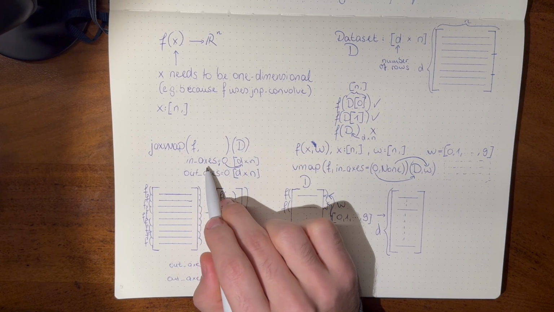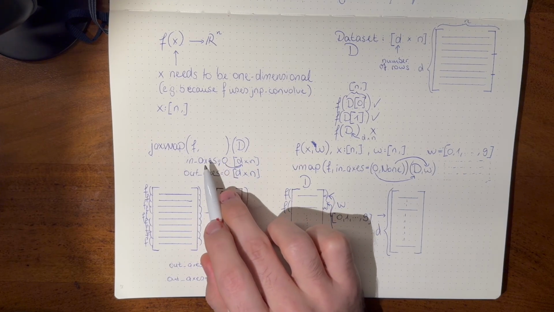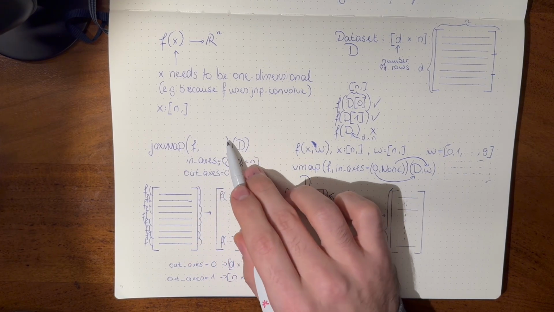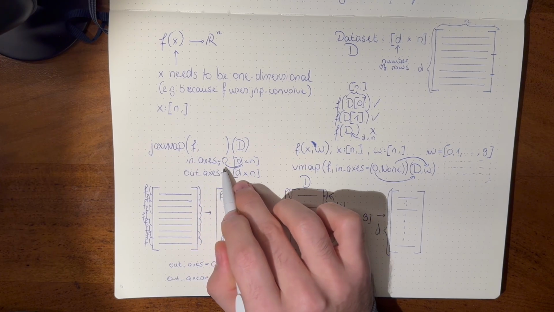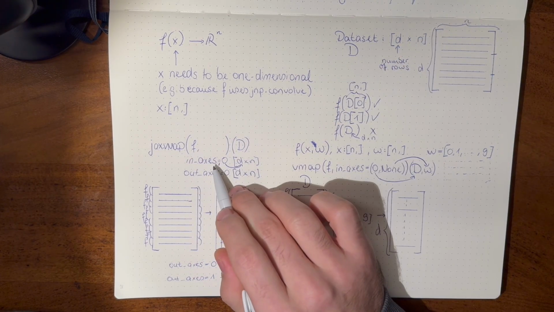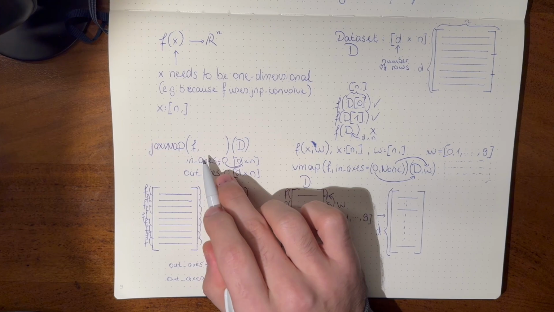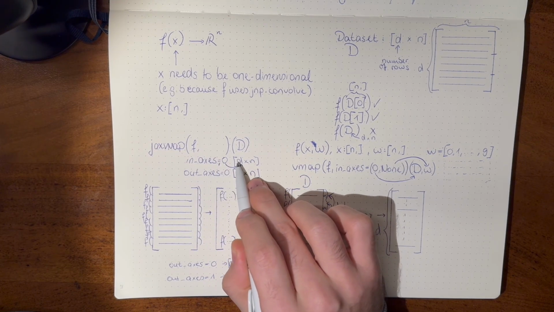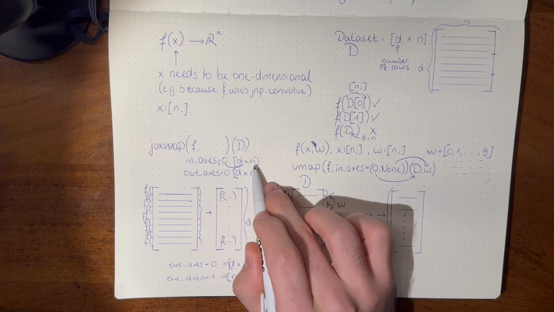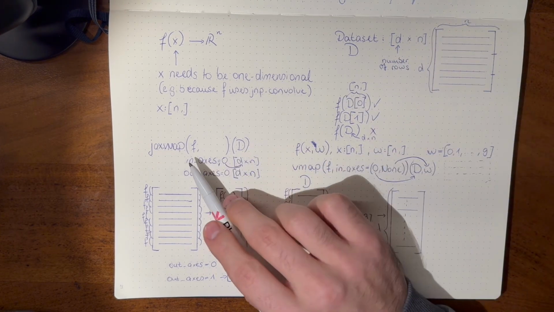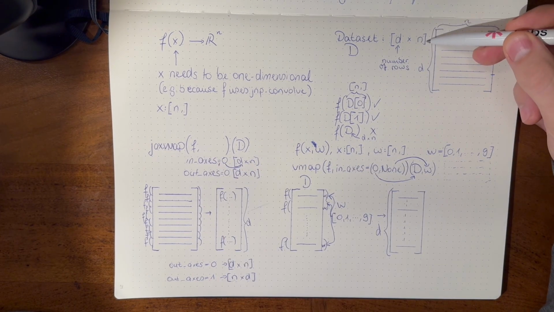In-axis refers to the input axis that you want to apply your function across. In this case, the in-axis is 0, which is the default, and that means we apply this function across this dimension. So 0 refers to the 0th axis of your dimensions. In other words, we apply the function f across this axis.